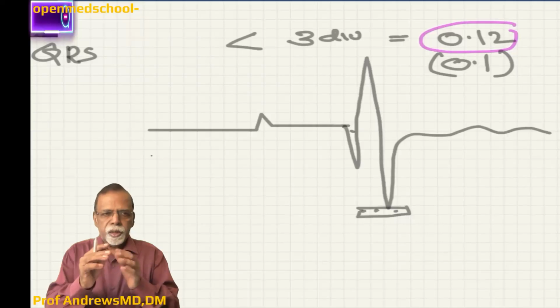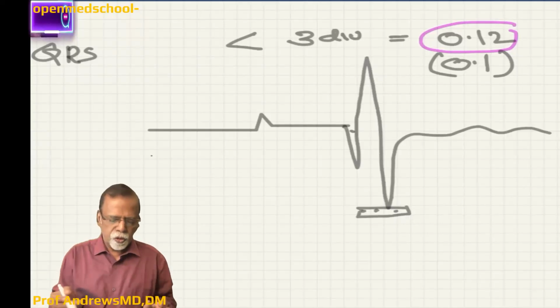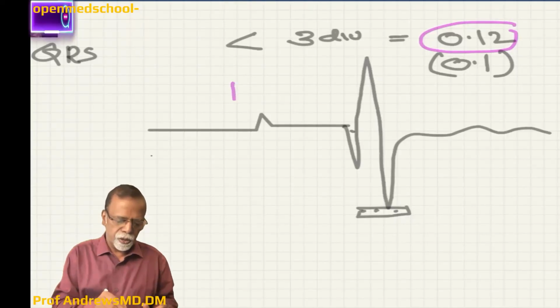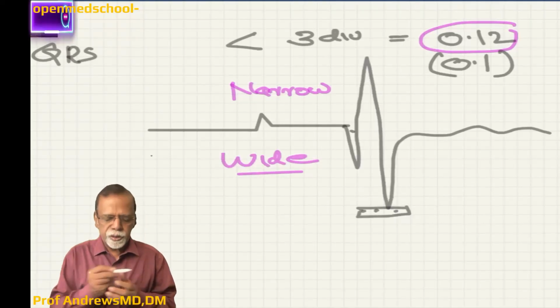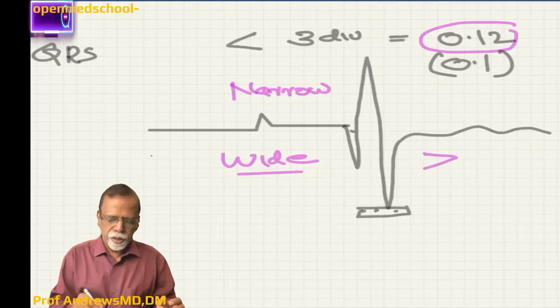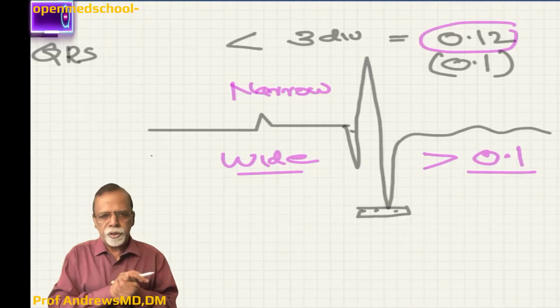Depending upon this, you divide the QRS complex into a narrow complex QRS, which is less than 0.12 or less than 0.1, and a wide complex QRS, where the duration is more than 0.1, that is more than 3 small divisions.